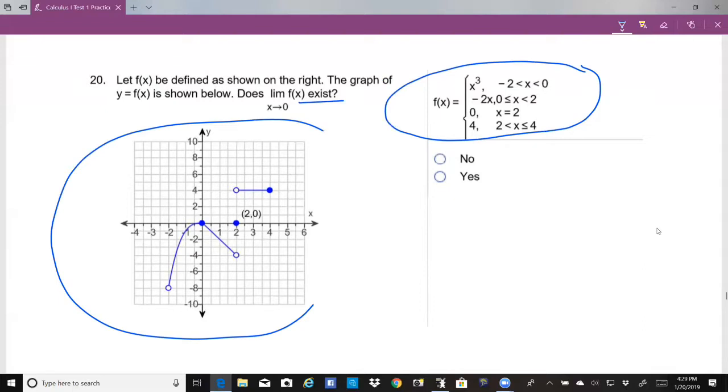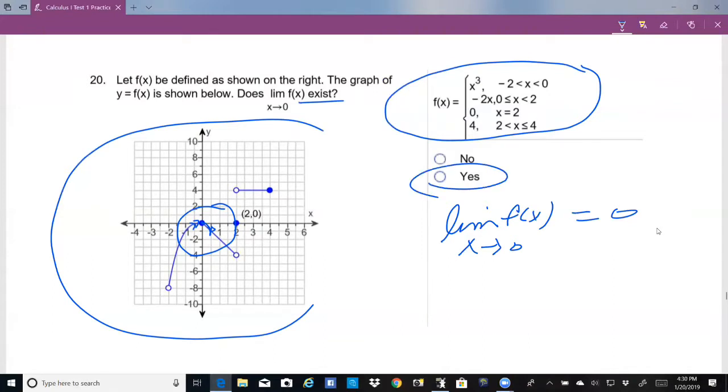Well, if we look in this area here, everything is nice, hunky-dory. Coming in from the left, it approaches 0. Coming in from the right, it approaches 0. So we would say the limit of f of x as x approaches 0 is equal to 0. So the answer is yes.